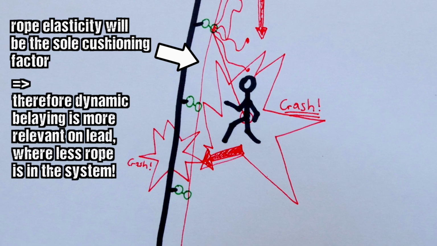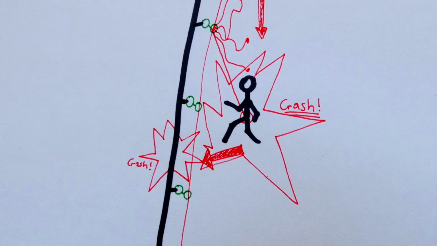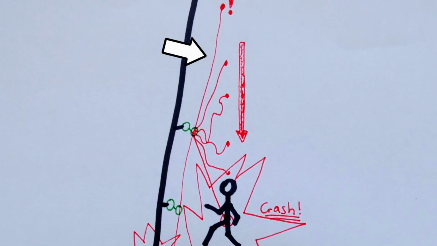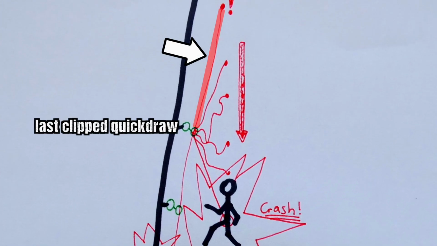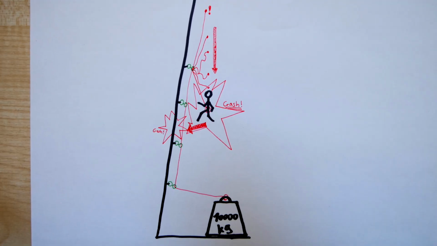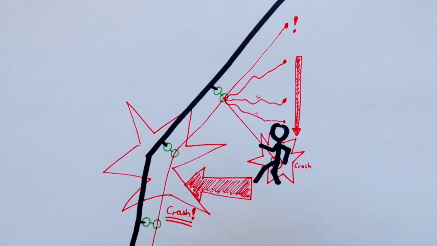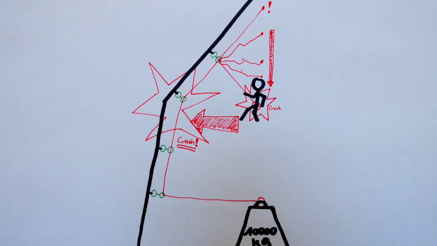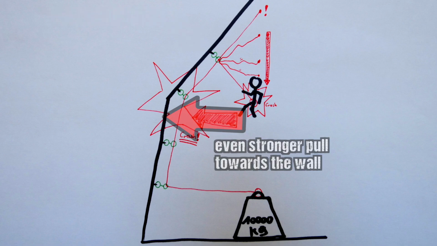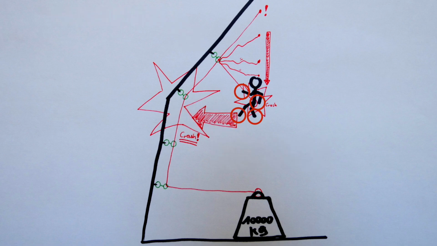We've got high impact on the hips and the spine, and even more important, we've got a strong pull towards the wall if the line between the climber and his last clipped quick draw is not completely vertical. And this is one of the most common sources actually of injury through lead climbing. This strong pull towards the wall will in turn cause a high impact on feet and hands, which can result in ankle injuries and wrist injuries and all the sorts of that.